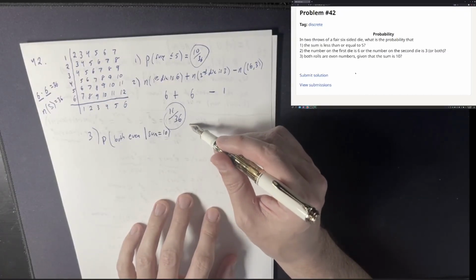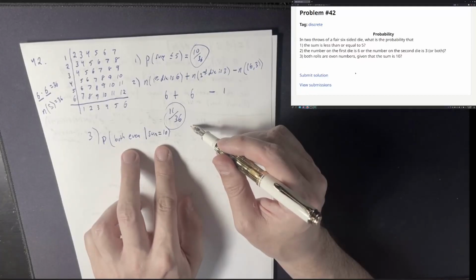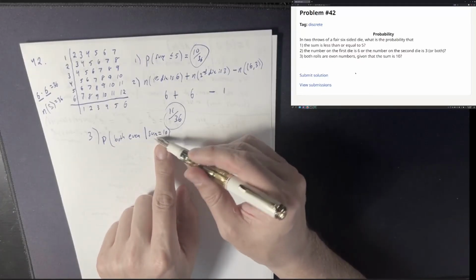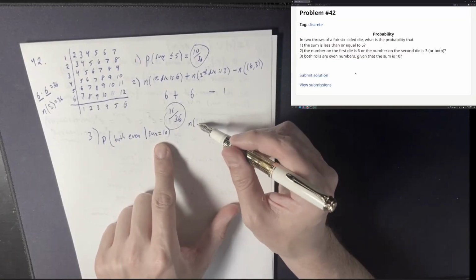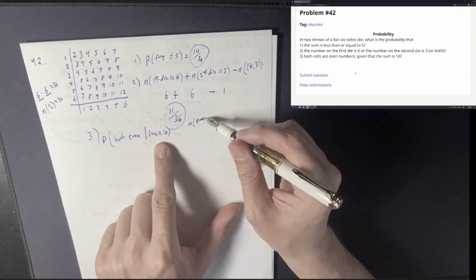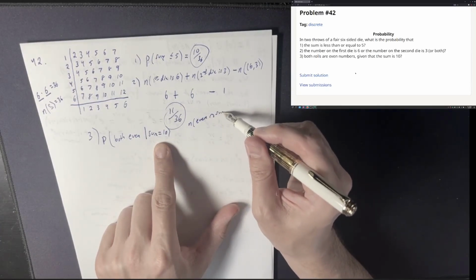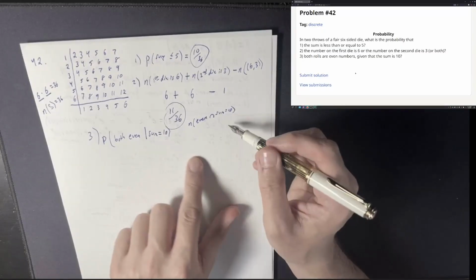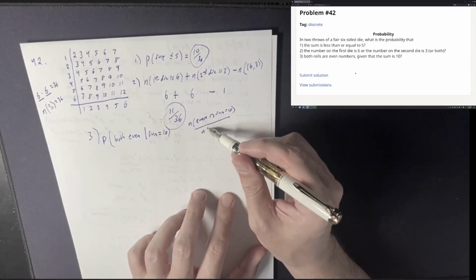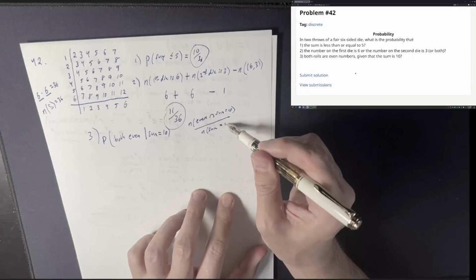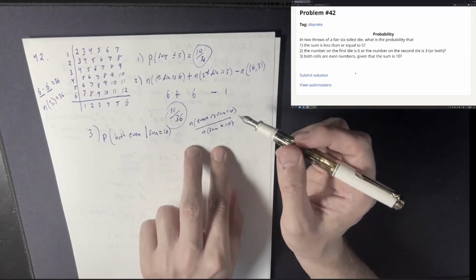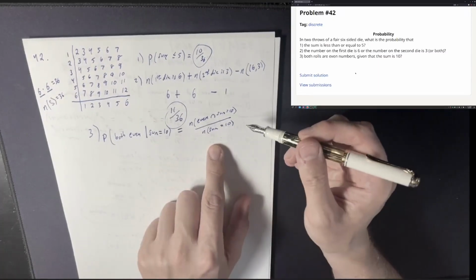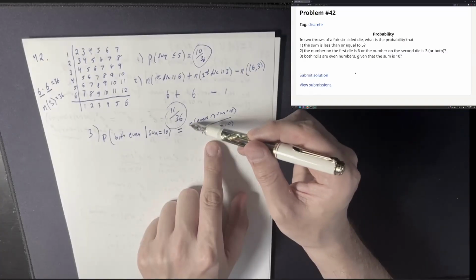It's like number of ways in the intersection divided by the number of ways in the given condition. Right? So that's the formal way to express it. You could also replace these with probabilities if that's easier.